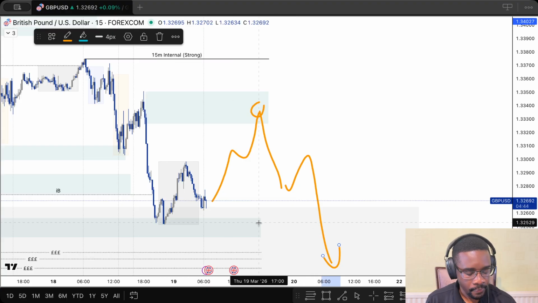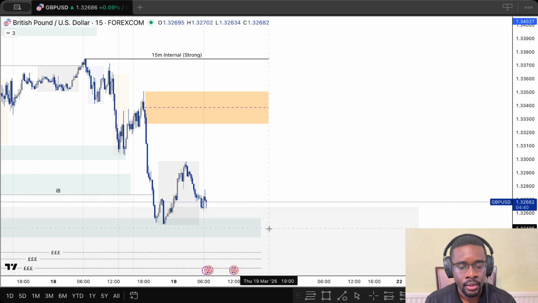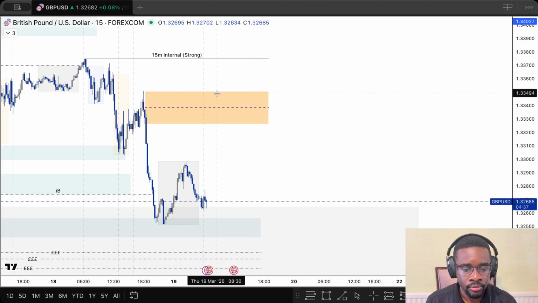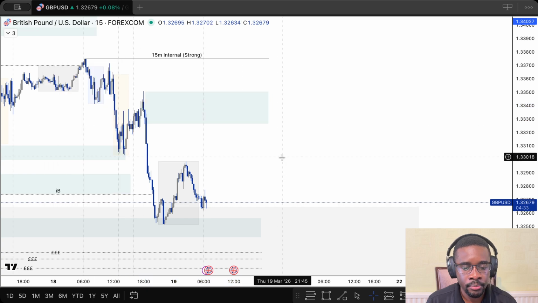Targeting these Asia lows. However, another scenario is that price will not come back up all the way there.